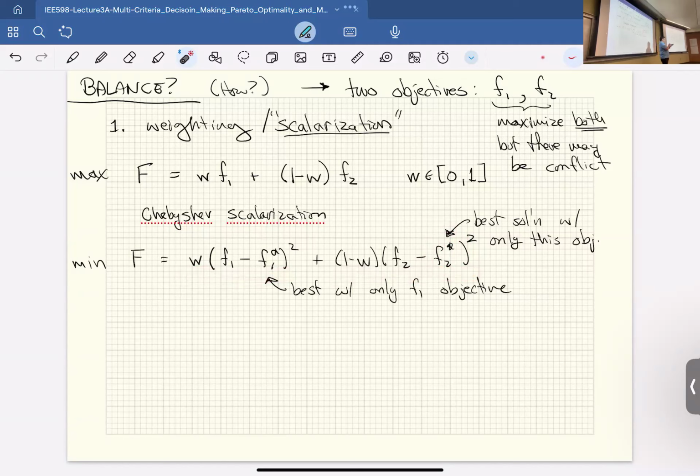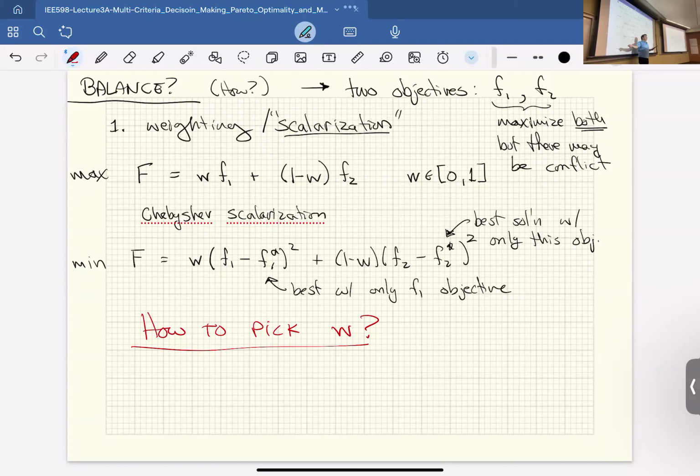Okay, fine. But then the question is how to pick W. Because it matters. If you pick W equal to 0, then in that case, you're only going to optimize F2. And if you pick W equal to 1, you're only going to optimize F1.